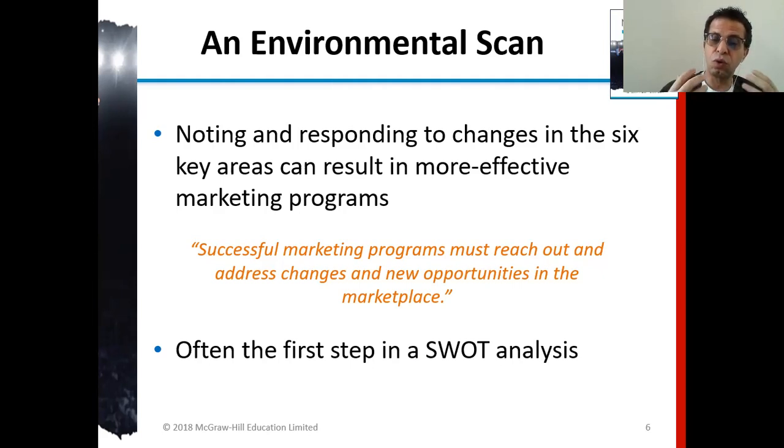So we need to notice the changes in the trends and things that are changing within these 6 areas in order to have a better, effective marketing program and marketing plan. A successful marketing program must reach out and address these changes and capture the new opportunities in the marketplace.